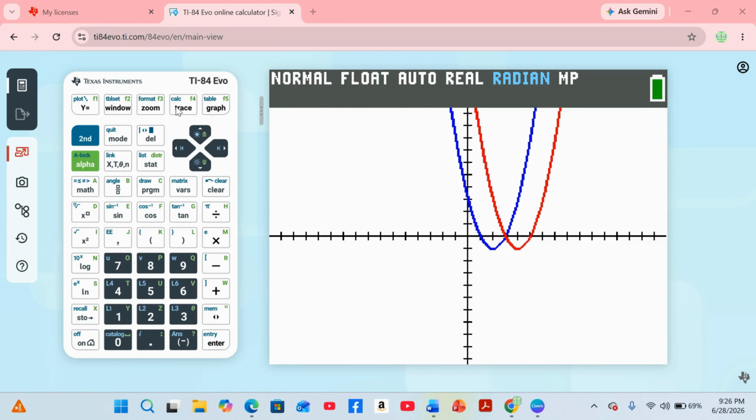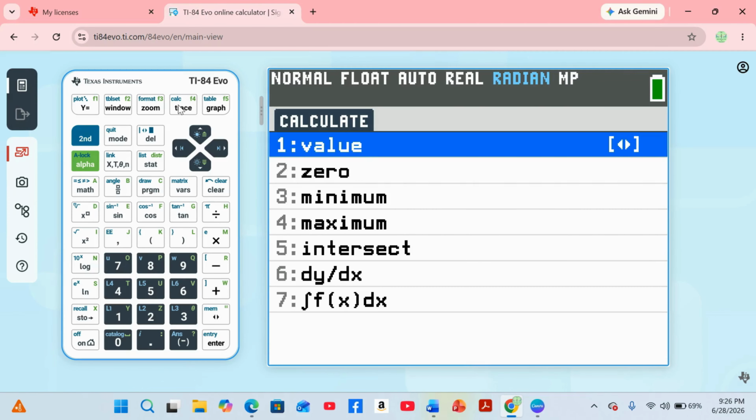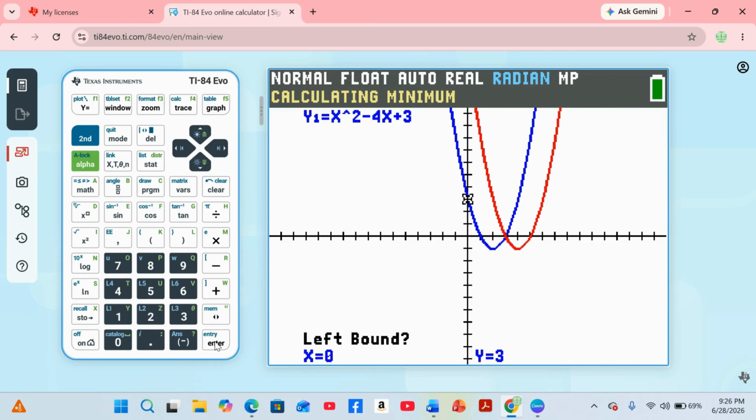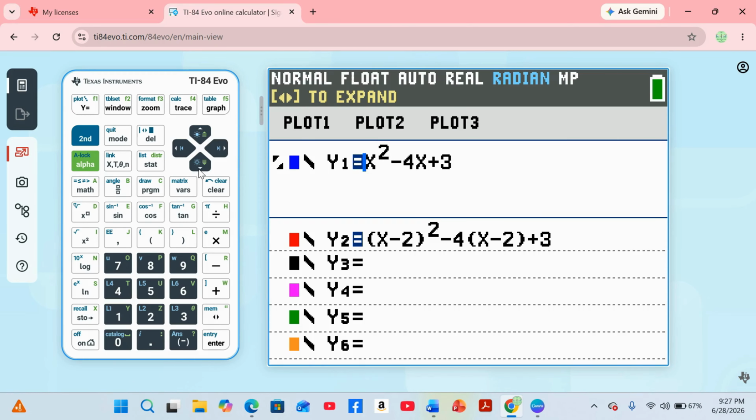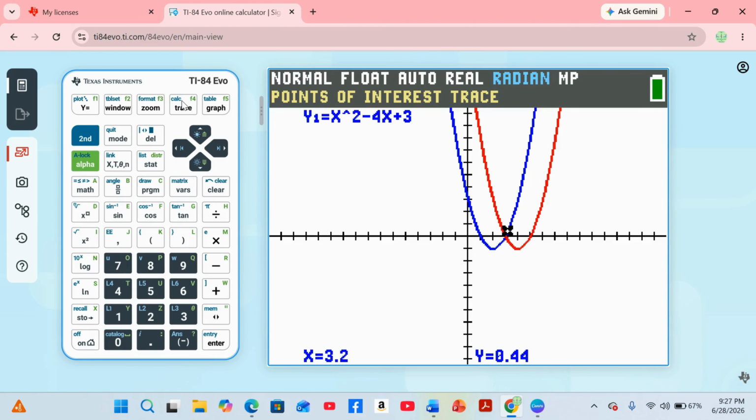So we'll go ahead and find the minimum. And we want the 2, 1. Trace.